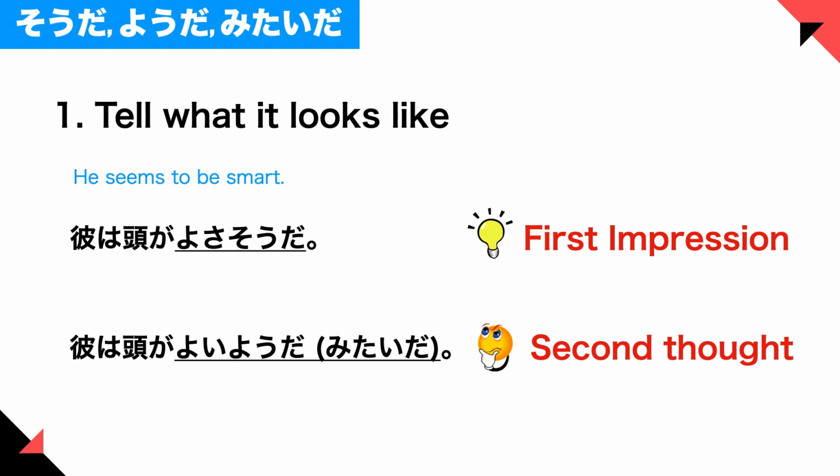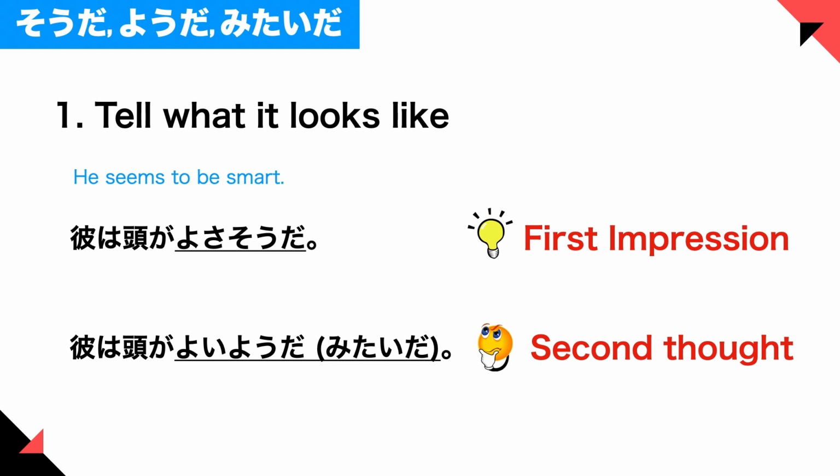That's your first impression of him. And then, when you say 彼は頭が良いようだ or 彼は頭が良いみたいだ, that's more for second thought. So there's some kind of context in there. And then you thought, oh, actually, he seems to be smart. Right, so that's the difference.